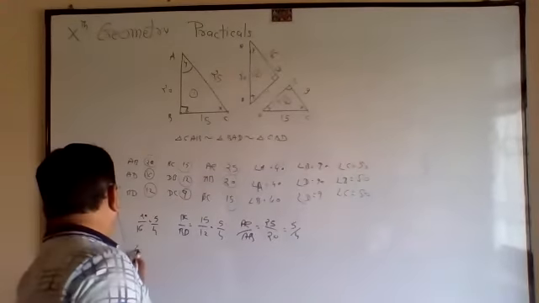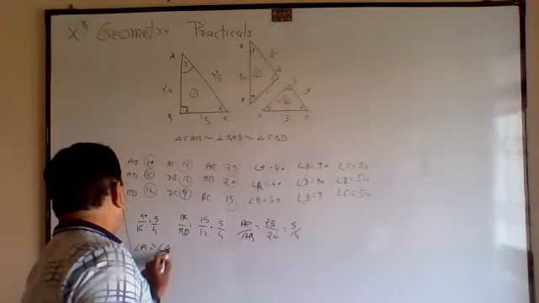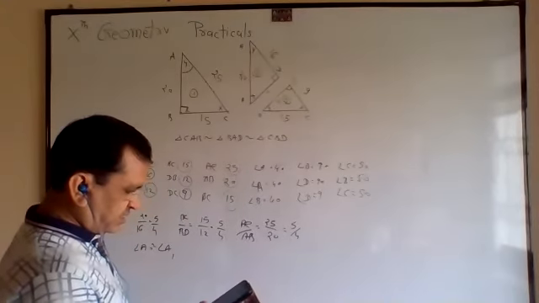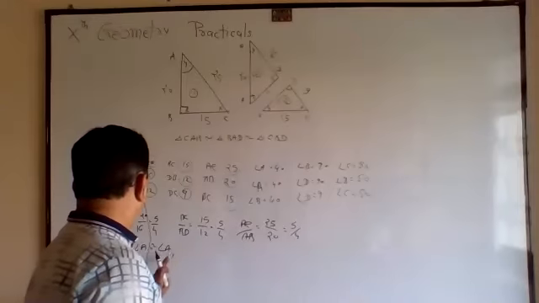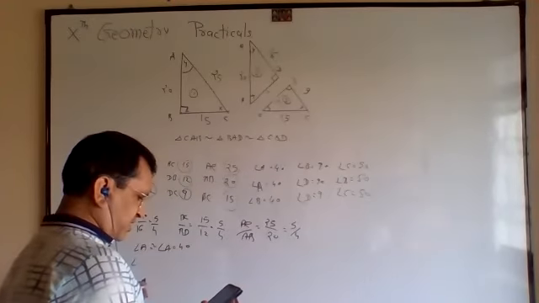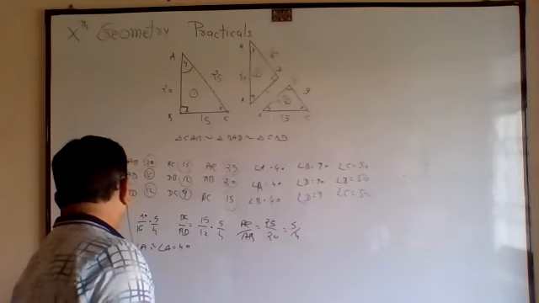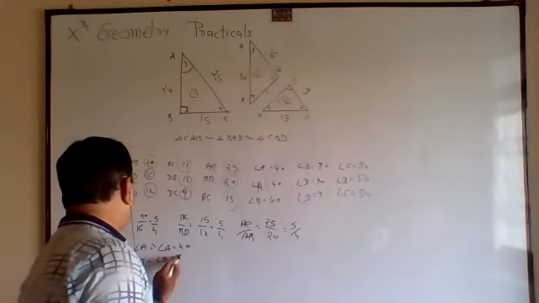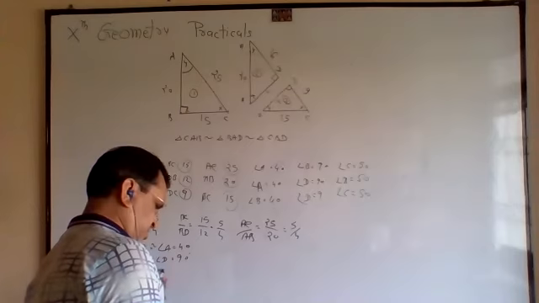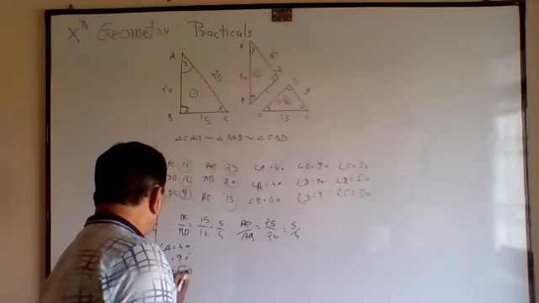Now they have given angle A equal to angle A. Then angle A is equal to how much? 40. Angle B is equal to angle D is equal to 90. Angle C is equal to angle B is equal to 50.